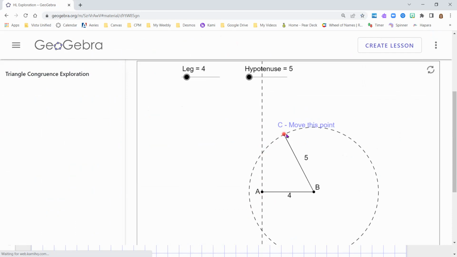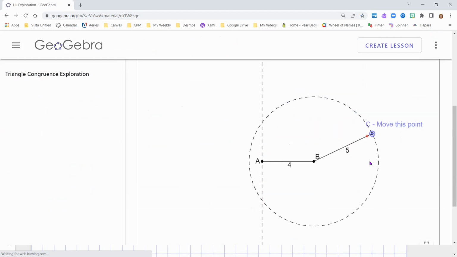This 5 is the radius of the circle. And so you can see it can touch right here. And I get a 53, a 37, and a right angle. Or it can come here and I get a 53, a 37, and a right angle. This actually is going to be a 3, 4, 5 right triangle.